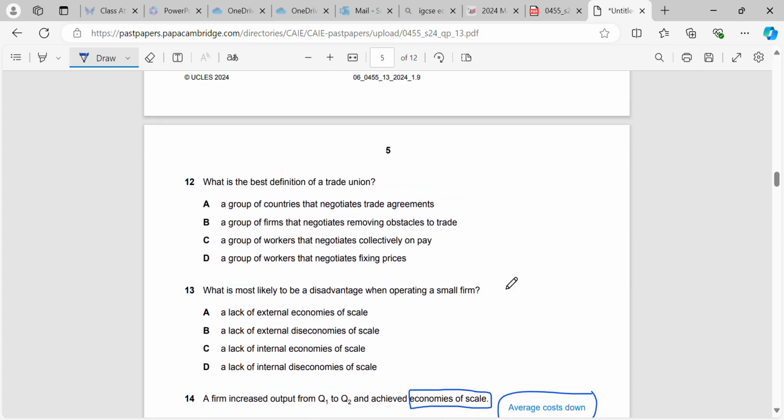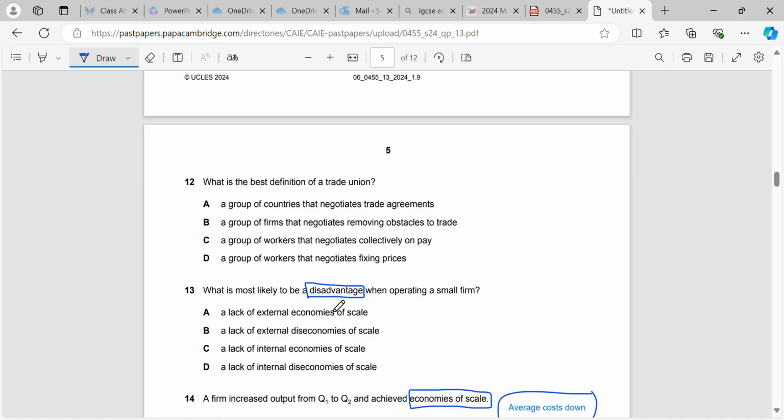Okay, 13. What is most likely to be a disadvantage when operating a small firm? From the previous questions we know, I think this was question paper either 12 or 11 from May or June 2024, there was also a question relating to this.